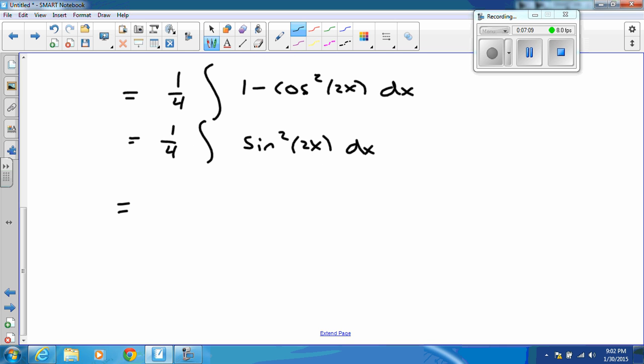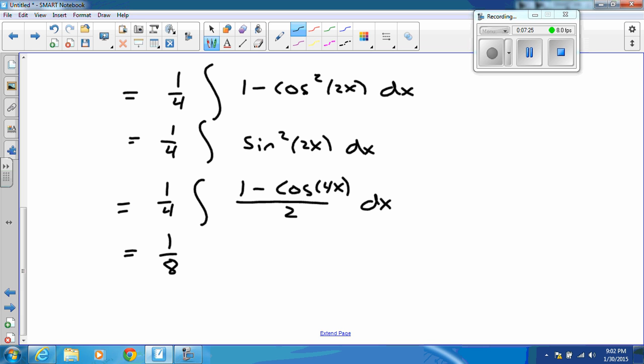And now, once again, I have a situation where I have even powers of sine and cosine. The power of cosine is 0, of course. So I'm going to use the double angle identity one more time. Sine squared of 2x is 1 minus cosine of 4x, divided by 2.